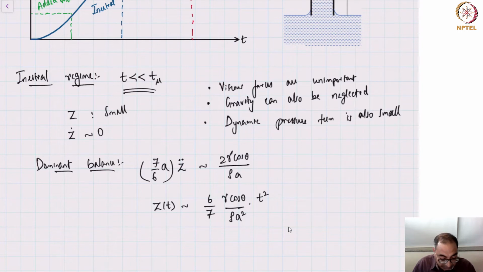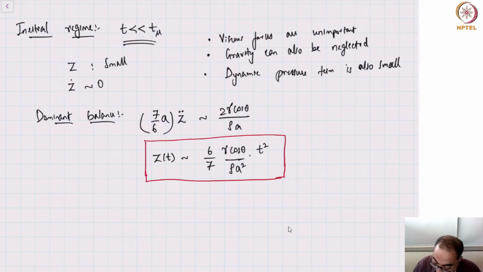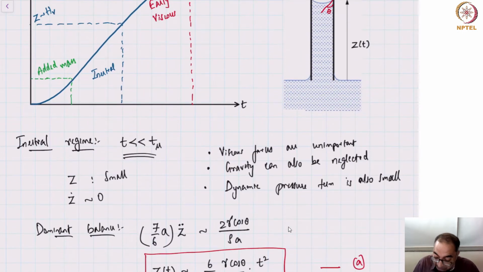So this is the expression that we get. This is the first result that we've got. Let's call this A. This is consistent with what we have shown in the figure here. So z goes like t square.